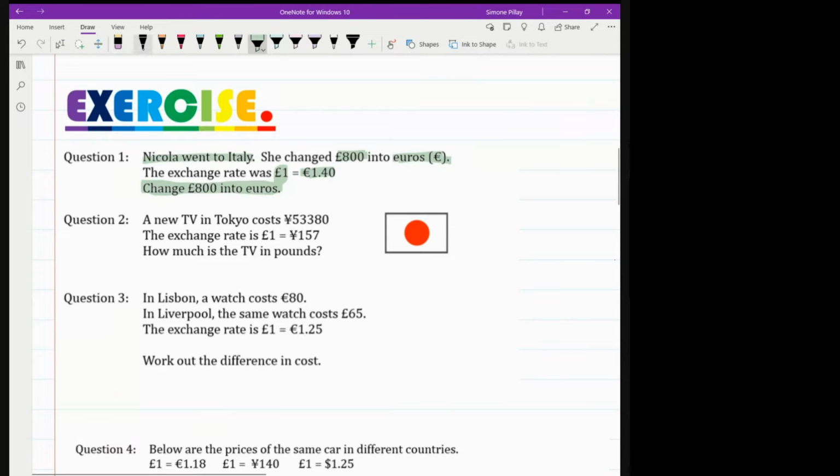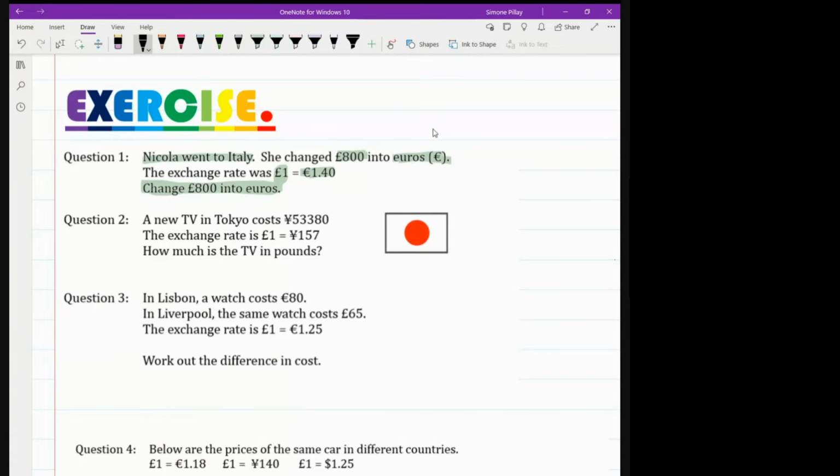And what I want to show you guys is a shortcut for all of your exchange rate questions, because I know sometimes it can be a little bit difficult to understand what is what and when are we multiplying and when are we dividing, and it just doesn't make sense.